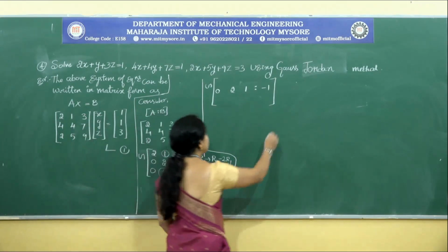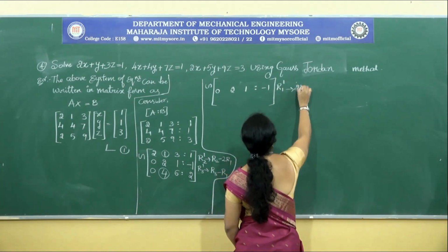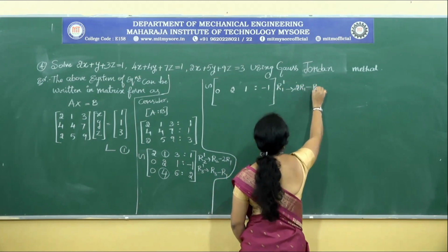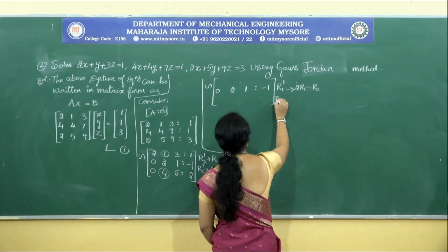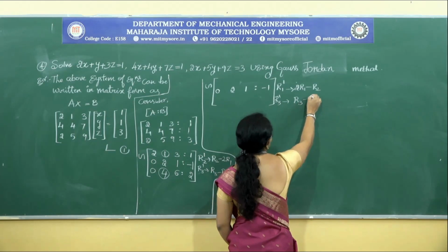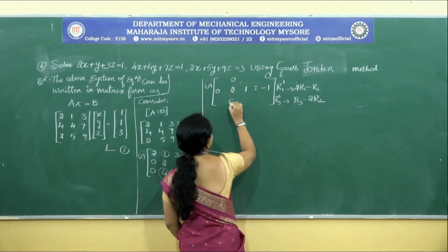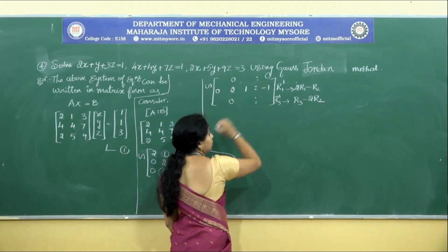The row operation is R1 dash is 2 times R1 minus R2, then R3 dash is R3 minus 2 times R2. Now, these two elements are 0.